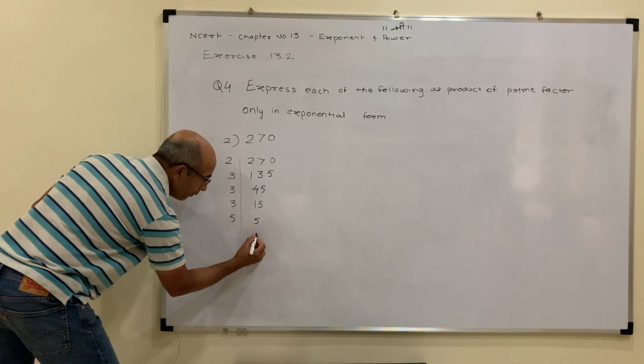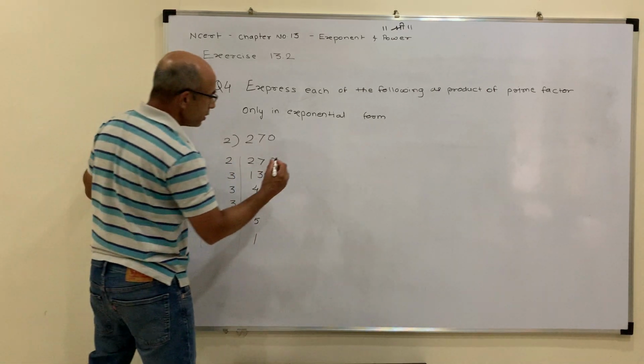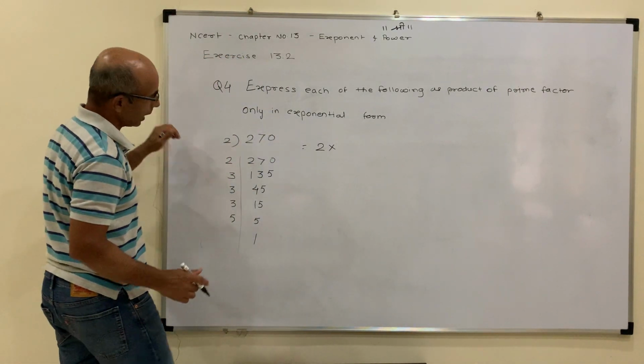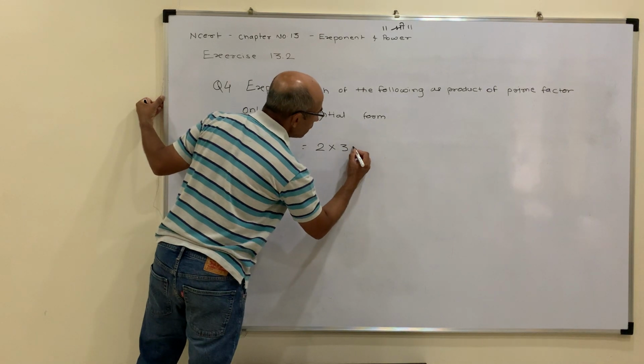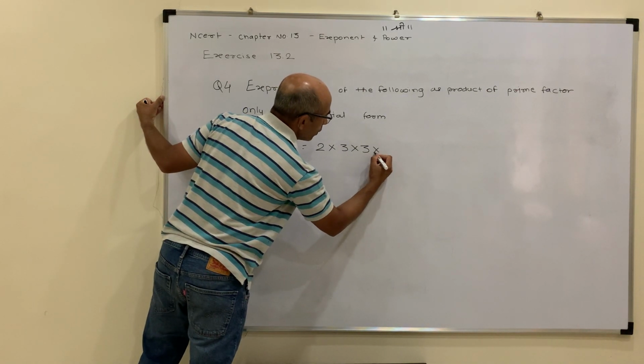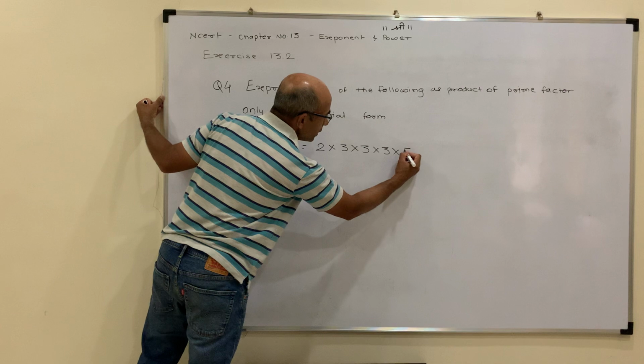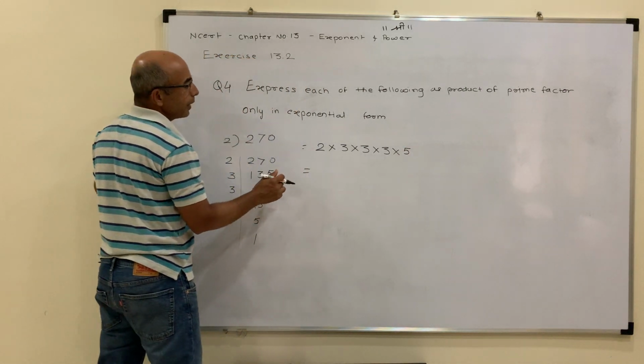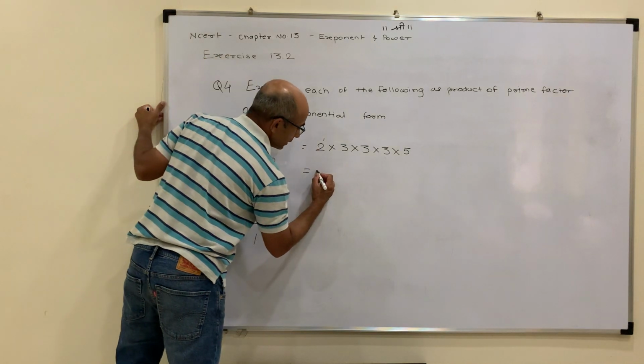5 1s are 5. So my prime factors are 2 into 3 times 3, 1, 2, 3 and then last 5. So the 2 appears only once, so its power is 1 and stays as it is.